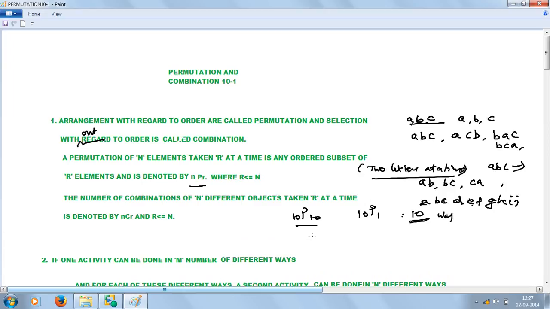Suppose you see what will happen with permutation taken two at a time. With A you can write B, with A you can write C, like this it goes on. Now take B: with B you can write A, with B you can write C, and it goes on. How many will you be able to write?